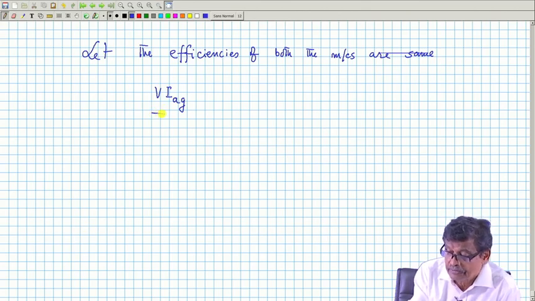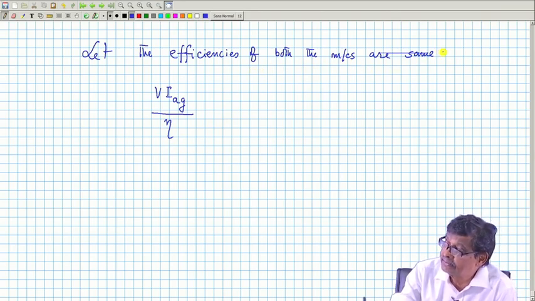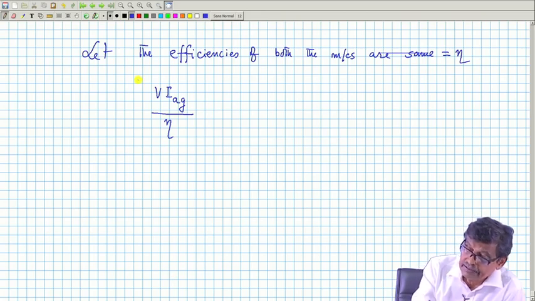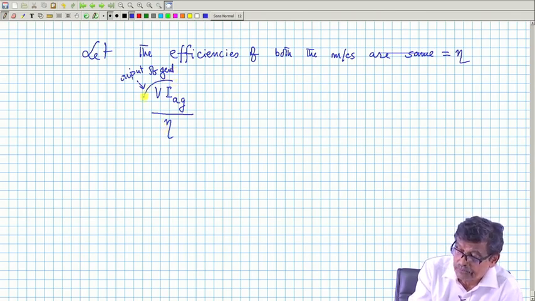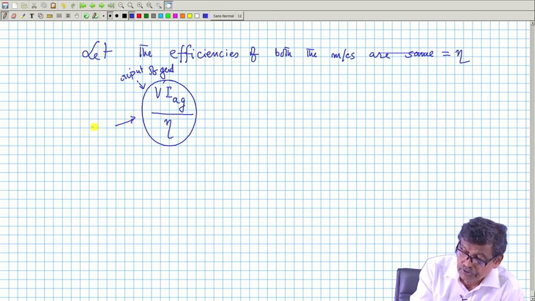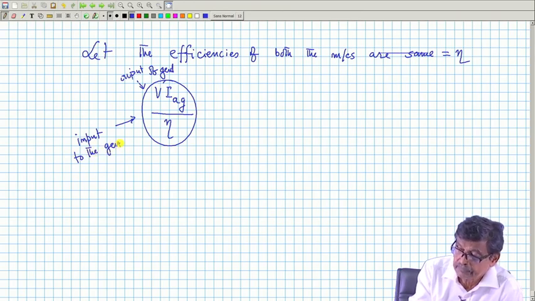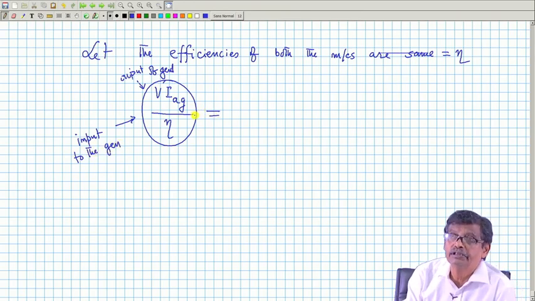Input must be divided by the efficiency, the same for both and equal to eta, suppose. So, this is the output of the generator, divided by efficiency, and this quantity is the input to the generator. Is it not? This must be the input to the generator.